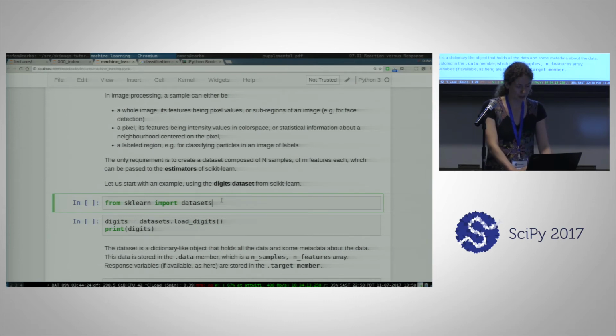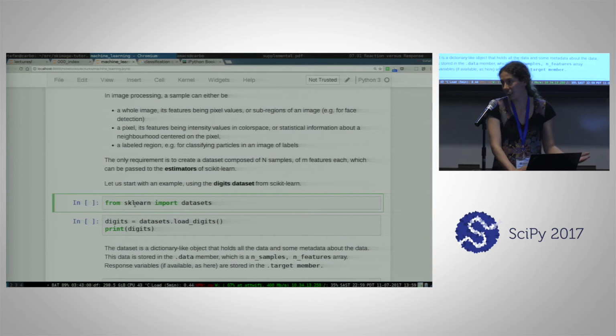So we will use a dataset that's already provided by scikit-learn. Scikit-learn is the machine learning module of Python that is meant to work with NumPy arrays.